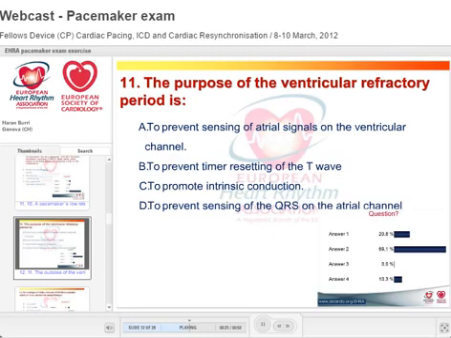There's certain circumstances when this can happen, but it's extremely unlikely. So it really is to prevent timer resetting on the T wave. It has nothing to do with promoting intrinsic conduction, and we're talking about ventricular refractory period, not atrial refractory period. Good, so most of you got that right.